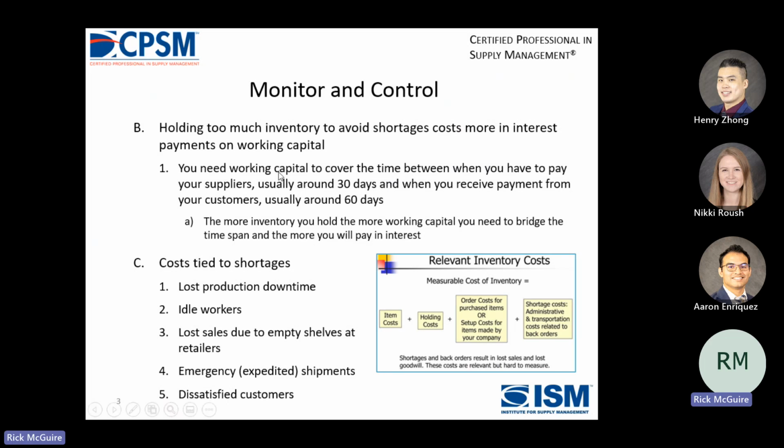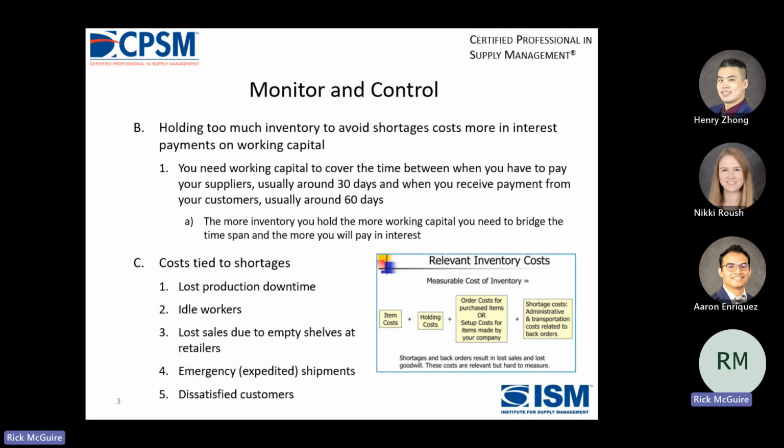When you buy the parts, you usually have around 30 days to pay the supplier, but you're not usually going to receive payment from your customers for at least 60 days, because you've got to build the thing, you've got to sell it, and the customer's got to pay you. So the more inventory you hold, the more working capital you're going to need to bridge the time between when you have to pay the supplier and when you get paid. And if interest rates are rising, it's going to cost you even more, because what you're going to do is go to the bank and get a loan.